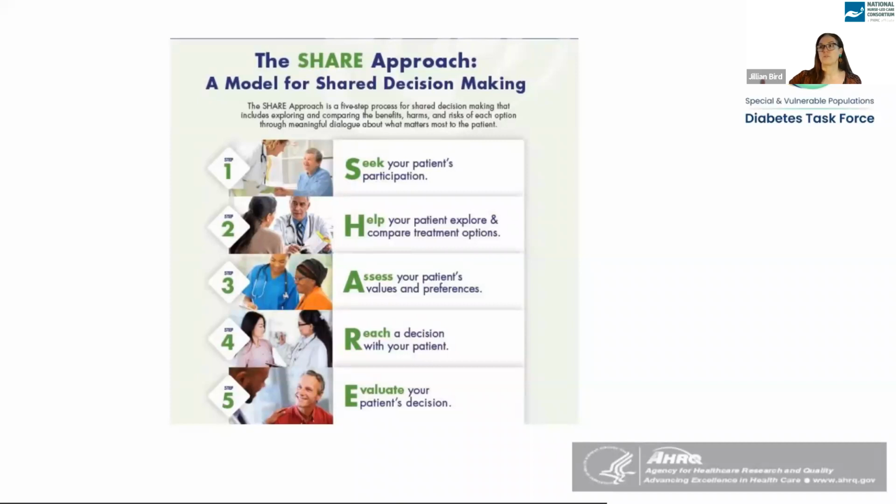This is something to hang up like a poster, to remind clinicians to walk through these five steps: seeking the patient's participation, helping them explore and compare the treatment options, assessing their values and preferences, reaching a decision, and evaluating the patient's decision as you move forward. So each encounter is an opportunity to evaluate and redesign that course of treatment.